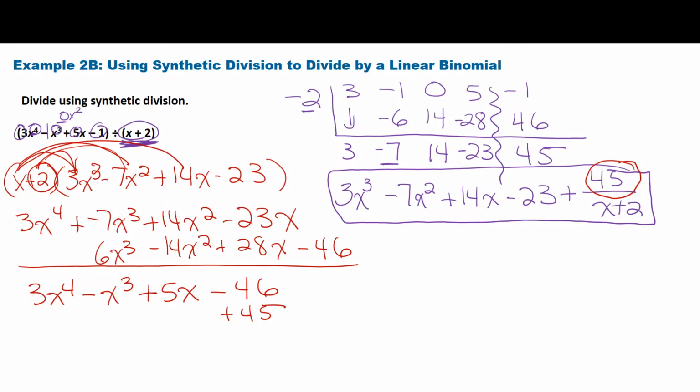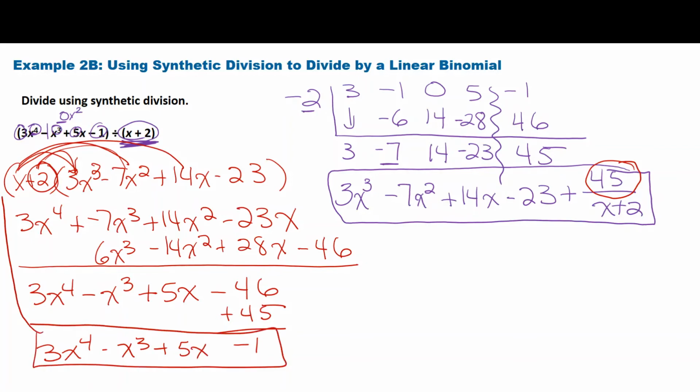Negative 46 plus 45 is going to leave me with a negative 1. So my final answer, 3x to the fourth minus x cubed plus 5x minus 1 is the exact same thing we started with way up here, and so we know that we did it correct.